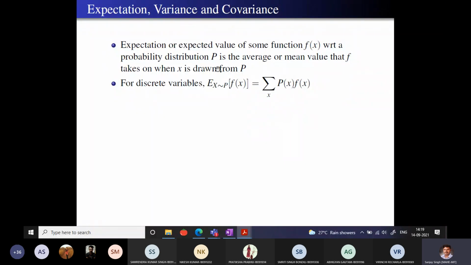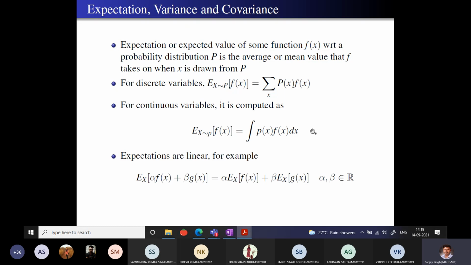This is how we denote the expectation when x is distributed as P and we want to take the expectation of x. As I said, if it is continuous, integration will happen.